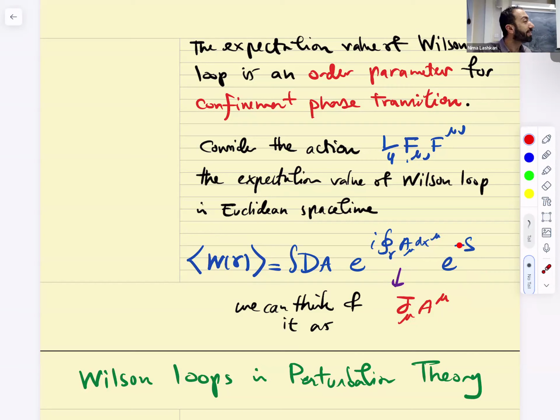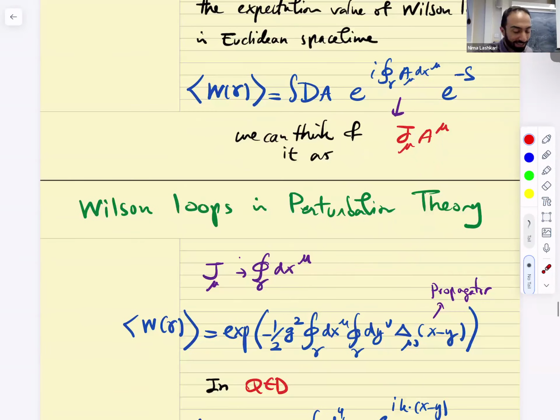Complete the square, and this could be turned into a rigorous thing. If you recall, when we did calculations of this sort, the result comes out as jj delta mu nu, the Gaussian path integral in the presence of a source. Here you get e to minus half g squared integral over gamma dx mu integral over gamma dx nu delta mu nu times the inverse, which is the propagator.